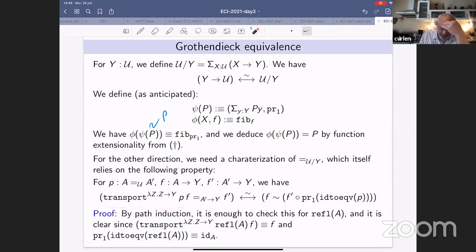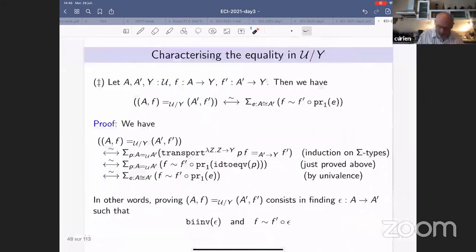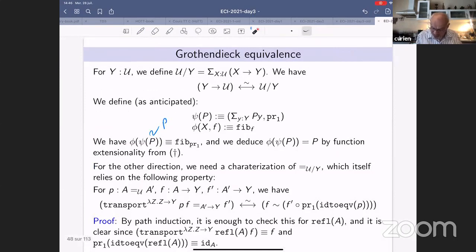These two guys are in the same type, and then what the property says is that the equality type between the two is equivalent to proving that F is homotopic to F prime composed with, and here it's essentially the same idea as the one here. I need to cook up a function that goes from A to A prime.